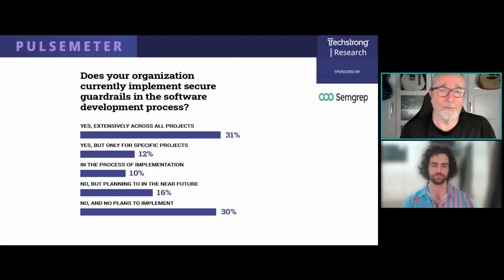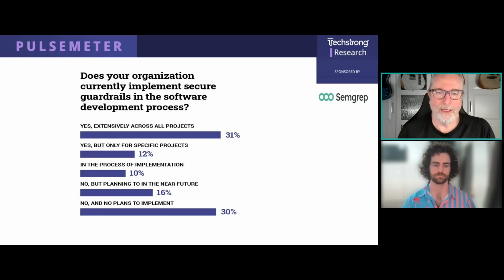So first question was just kind of getting an idea of, do you implement secure guardrails in whatever form that might mean in your software development or your SDLC process? Interestingly, yes, extensively across projects. So almost a third of folks said, yeah, this is a thing we take seriously and we do it across all of our efforts.